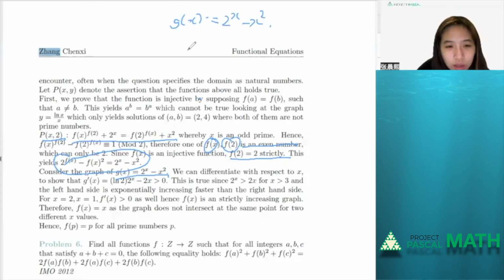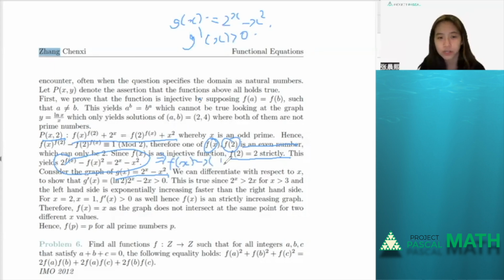Then you calculate its derivative, and you get it's strictly increasing. And so you realize that f(x) can only be equal to x, because otherwise, if f(x) is not equal to x, you must get two different values. And hence, f(x) equals x is the only possible solution to this question.